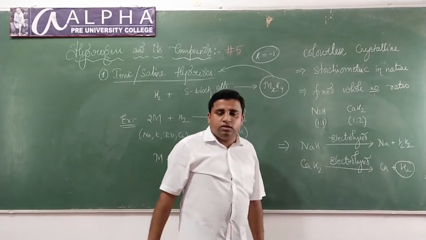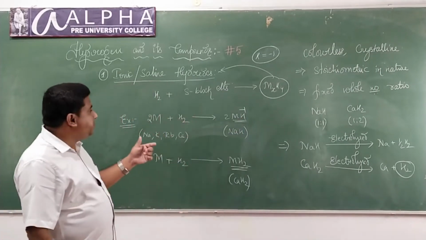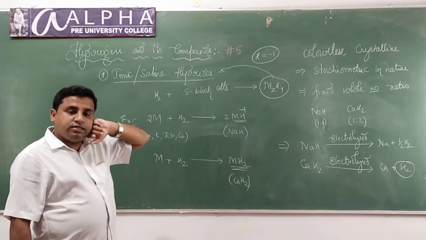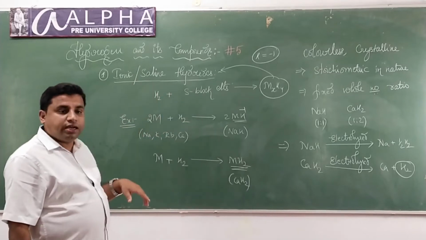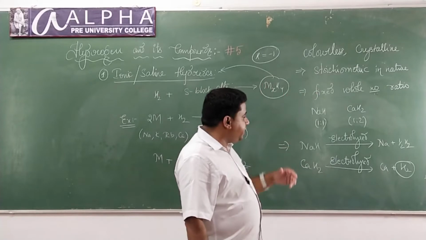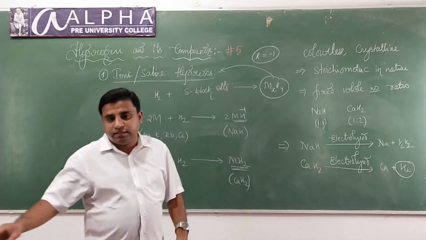I hope you understood. So this is all about ionic hydrides. When hydrogen combines with S block elements, they form ionic or saline hydrides. They are stoichiometric in nature, colorless, crystalline, and whenever they are electrolyzed, they liberate hydrogen gas.